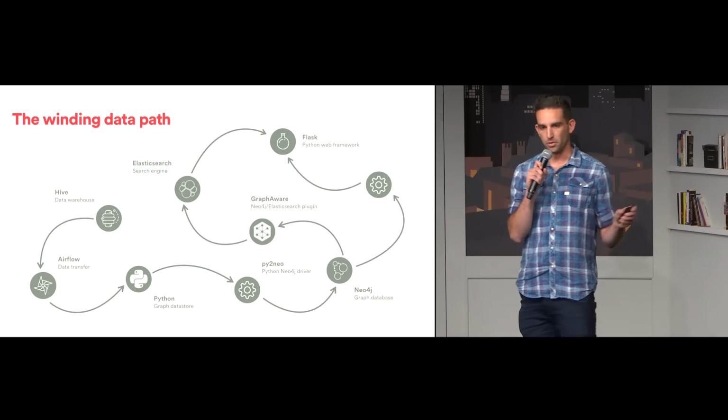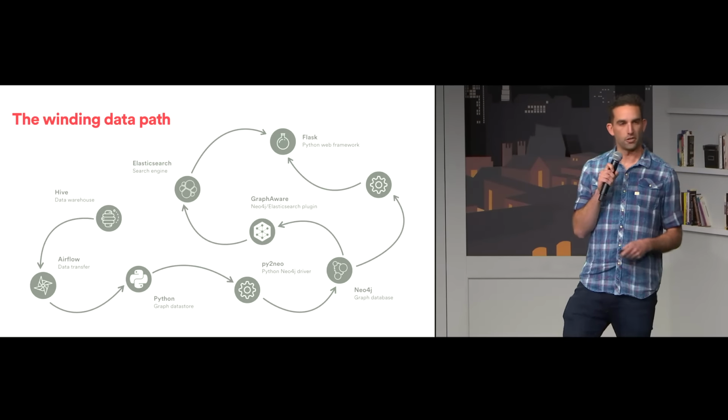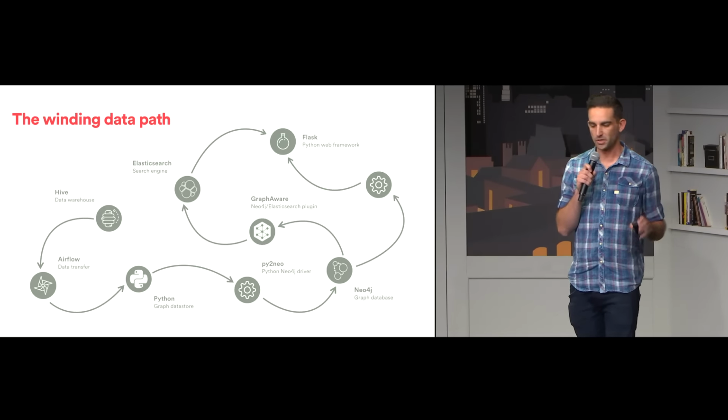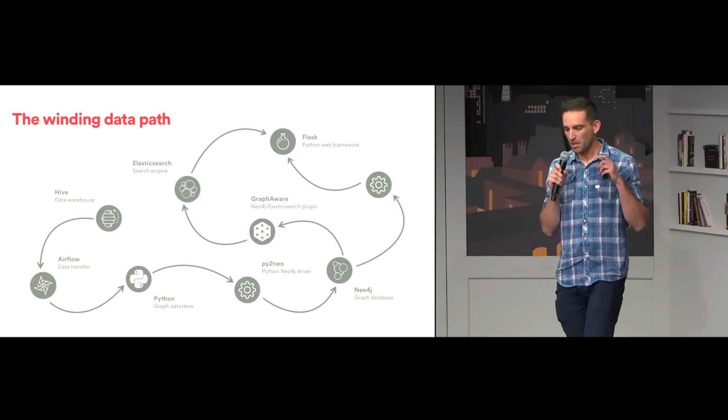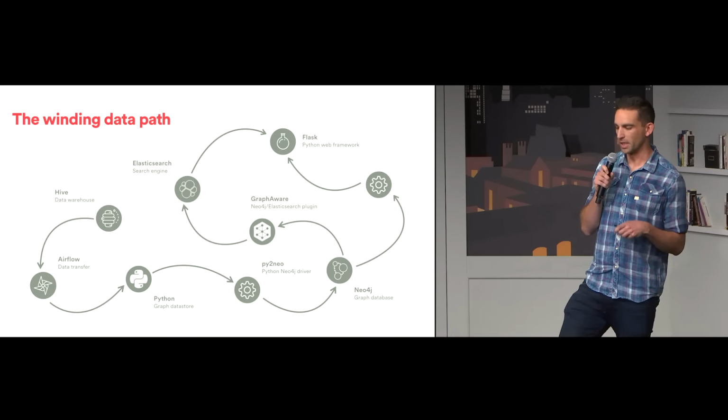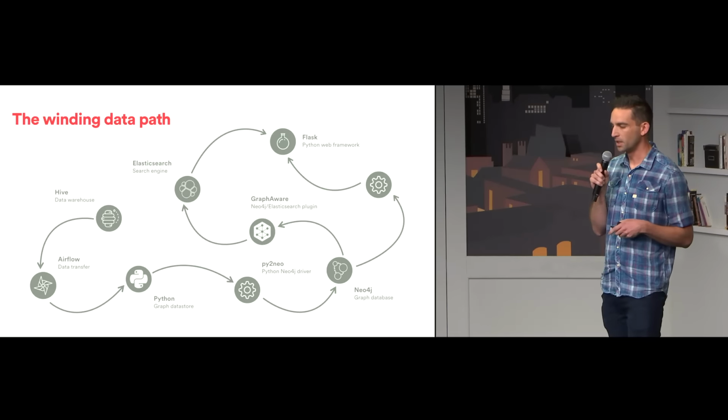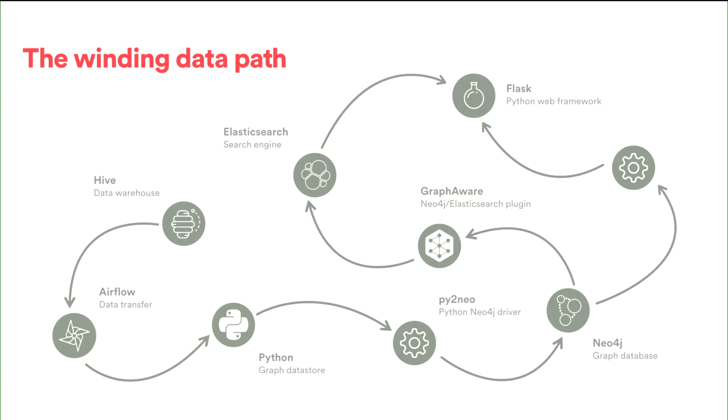So let's walk through a very simplified view of the data path, which in itself is a graph. Again, I mentioned earlier that, given that relationships have parity with nodes, it's really pertinent that I discuss the conduit that connects these systems. Firstly, the data starts in Hive, as I mentioned before. We use Airflow to transfer the data to Python.